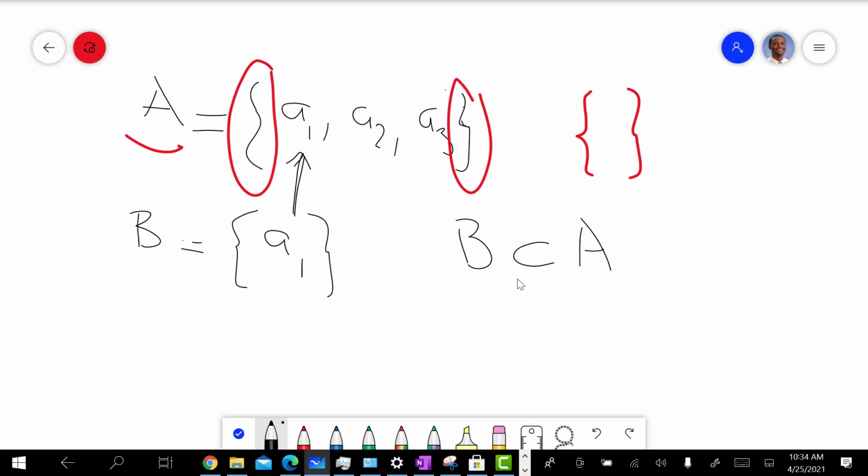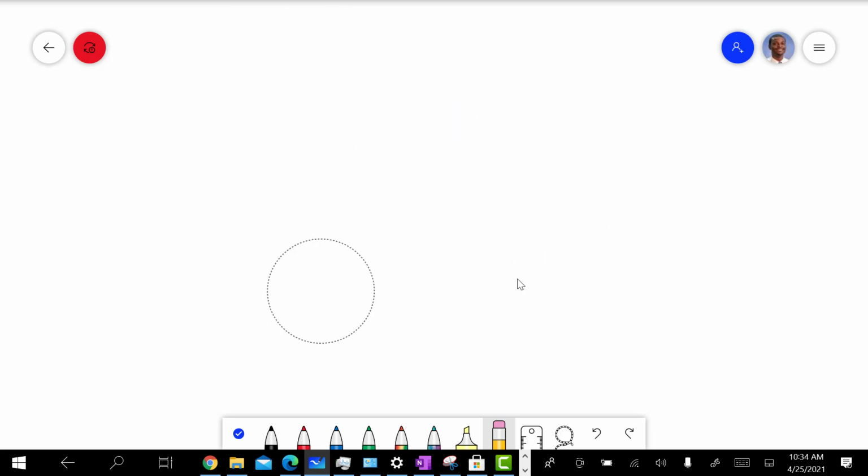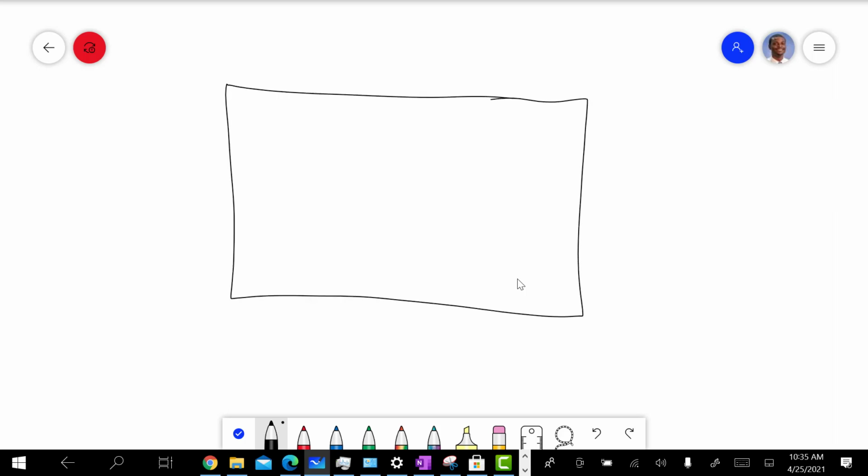Let's cover another topic here. We just talked about inclusion, but let's look at a basic example to show you the big picture.